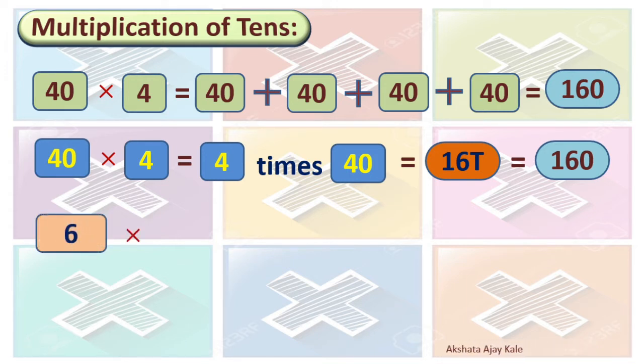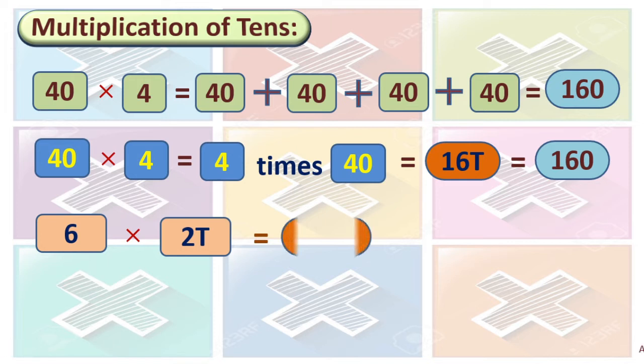6 multiplied by 2t. Yes, come on, tell me. You know the answer. Yes, very good. 6 twos are 12. 12t. Yes, 12t means replace t by 0. Very good. When we multiply any number by 10, we put 1 zero, right?